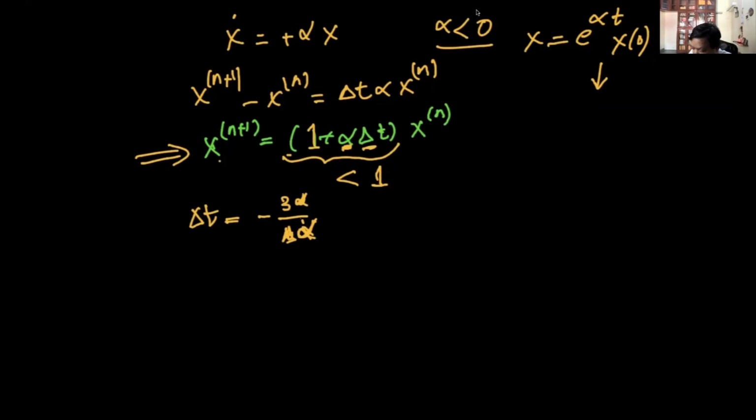Then what happens? Then x_{n+1} will be 1 minus 3, so it's minus 2 x_n.